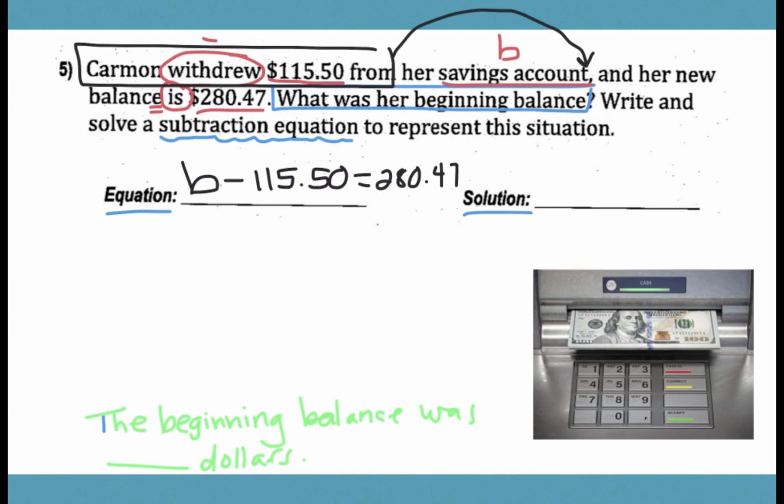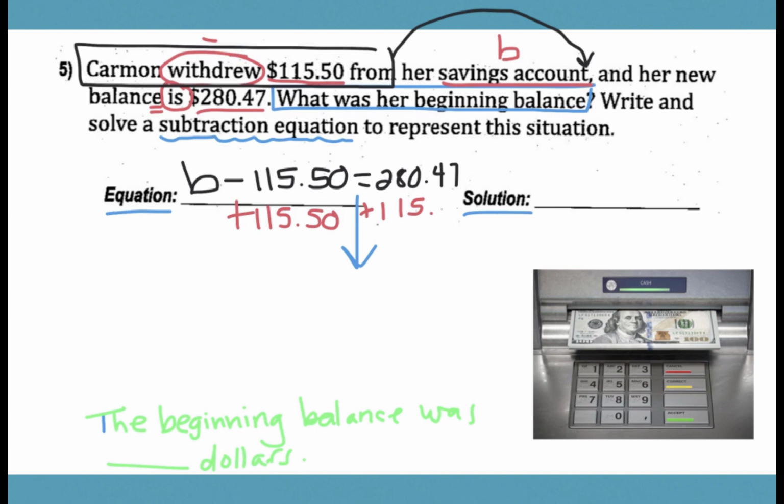So let's do that. It's a one-step subtraction equation. We need to maintain equality. Our job is to get B by itself. So how do we get this minus $115.50 out of there? We add $115.50 to both sides.